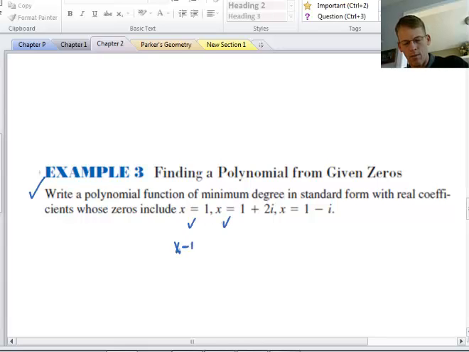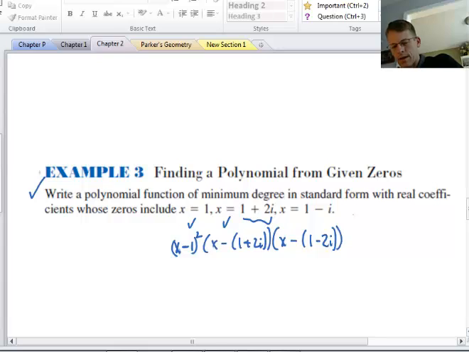And then here on this one, I would have x minus 1 plus 2i, and I would need another root to pair up with it, x minus 1 minus 2i. And then for the last one, I would need a pair of roots. I would need x minus 1 minus i, and then another term, x minus 1 plus i.